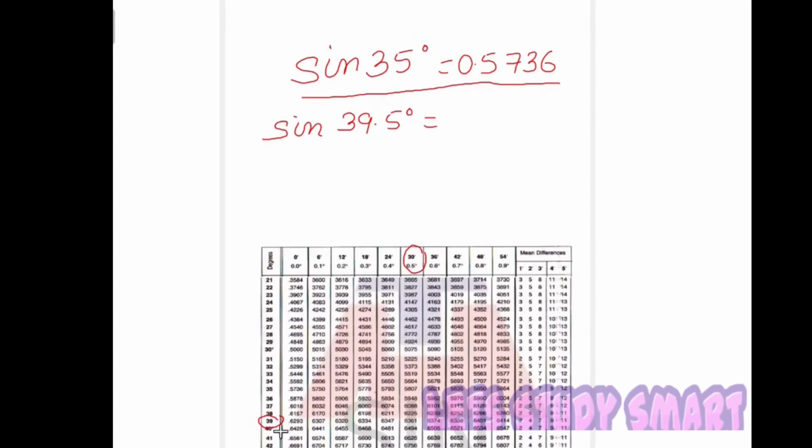So wherever the row of 39 and the column of 0.5 meet, this is our actual number. Remember, again, this is after decimal, so this will be 0.6361. So this is how you are going to calculate the number.